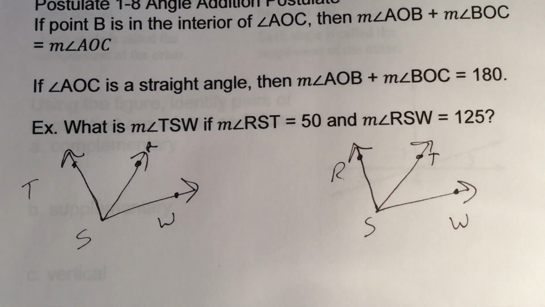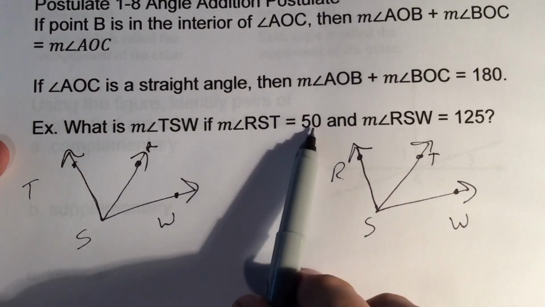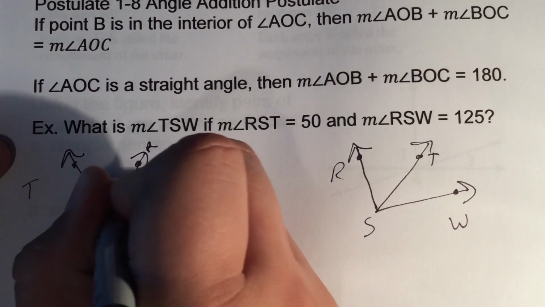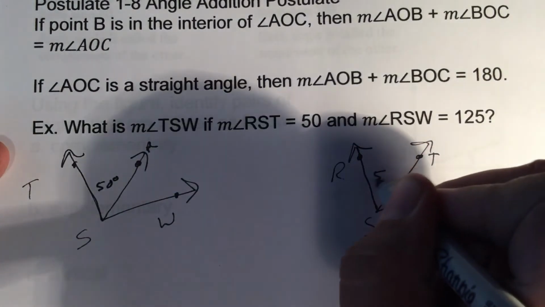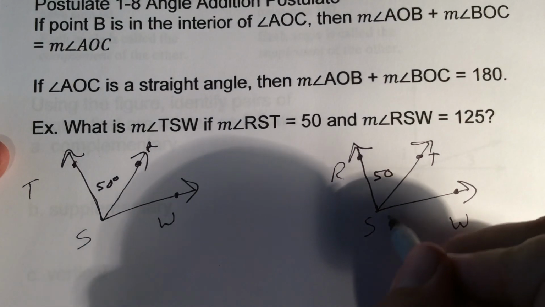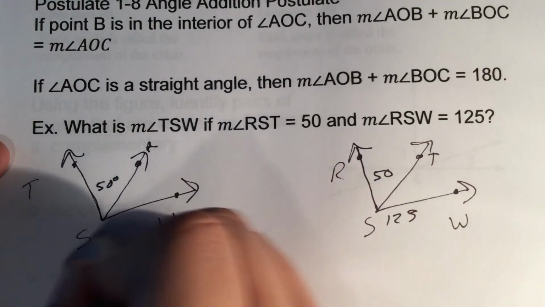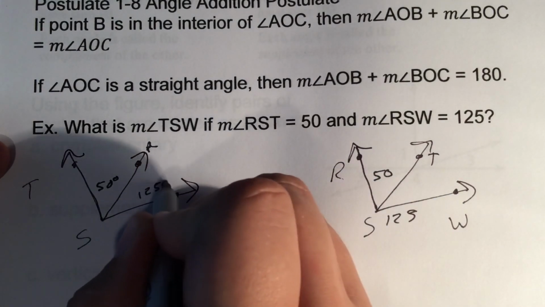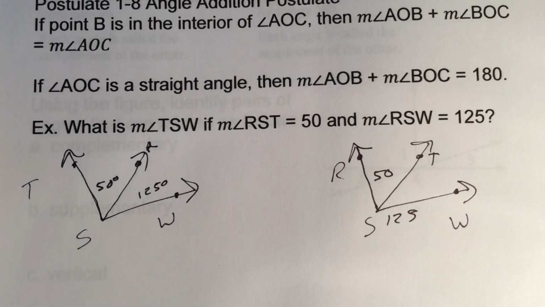Now, a couple different ways we could draw this, and it makes a difference which way you do it, because we know RST is going to be 50. Well, if we know RSW, the whole thing is 125, versus RSW here being 125, we get two different things. So I did this on purpose.